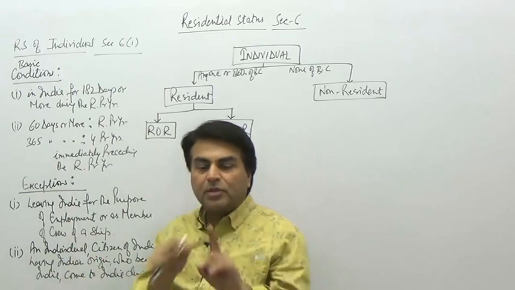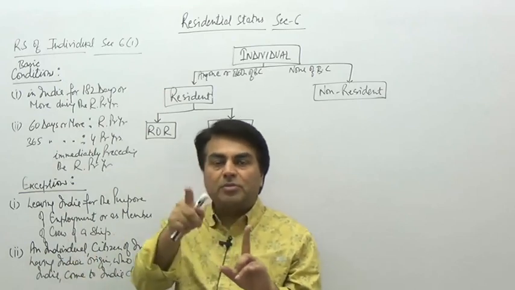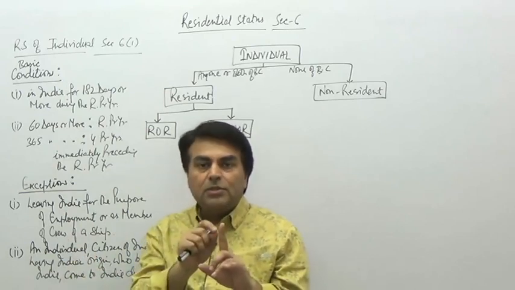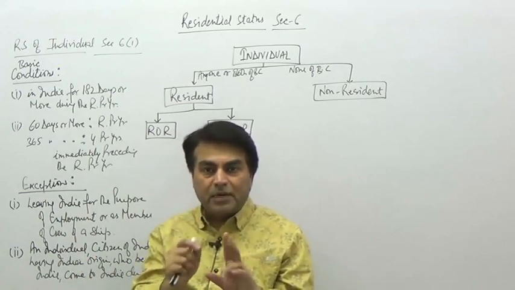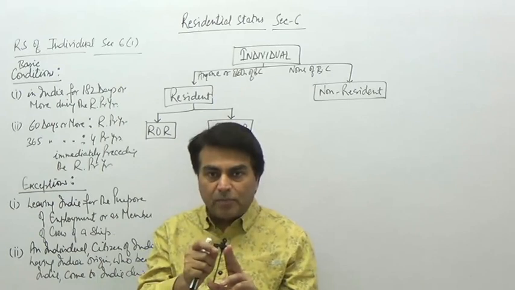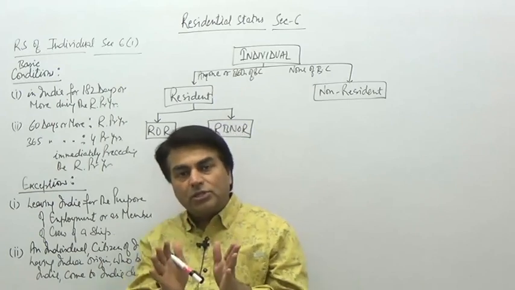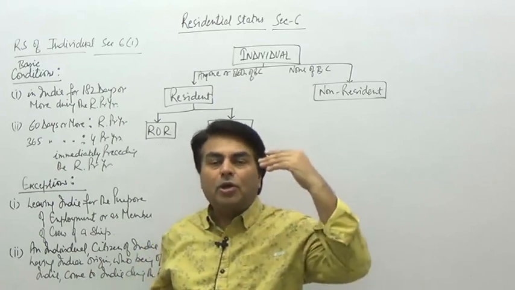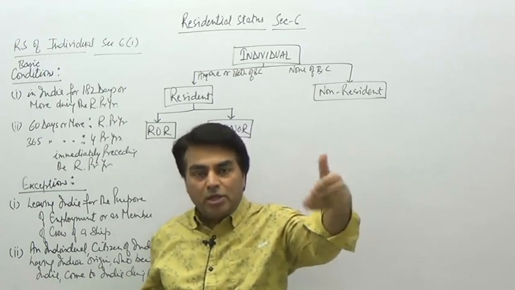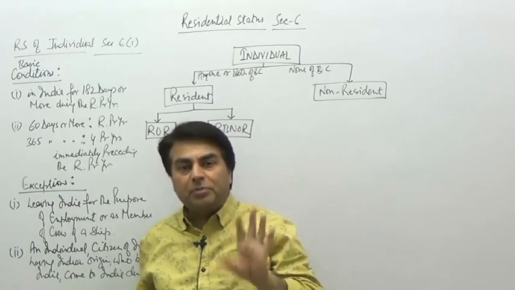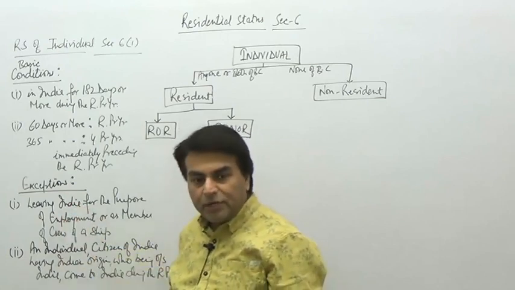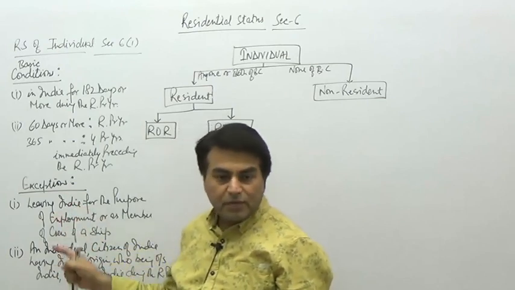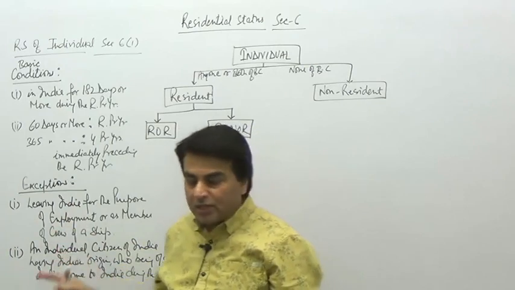Such individuals, number 1, who is leaving India for the purpose of employment, and who is leaving India as member of crew of an Indian ship. And second, an individual who has got Indian origin, he normally is outside India, he comes to India during the relevant previous year.